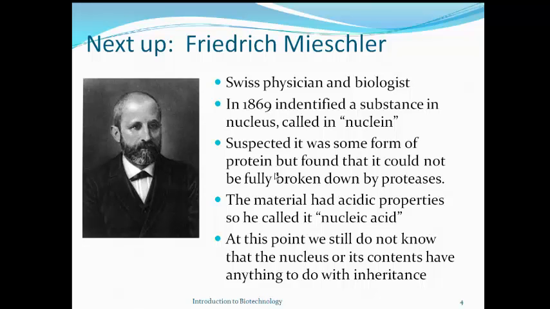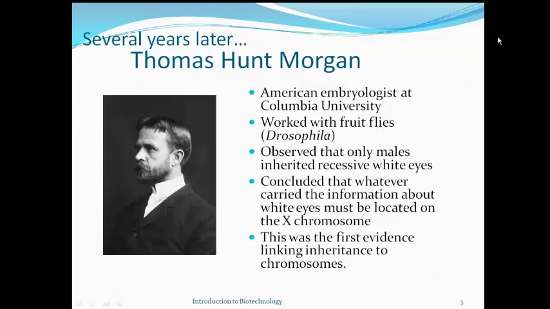So we started with Mendel, who kind of discovered the idea of inheritance. Miescher comes along and finds the substance in the nucleus of cells, and it's a different kind of substance than they're used to working with. Several years later, this gentleman, Thomas Hunt Morgan, was at Columbia. He worked with fruit flies, and basically his discovery was that some characteristics are carried on a chromosome.